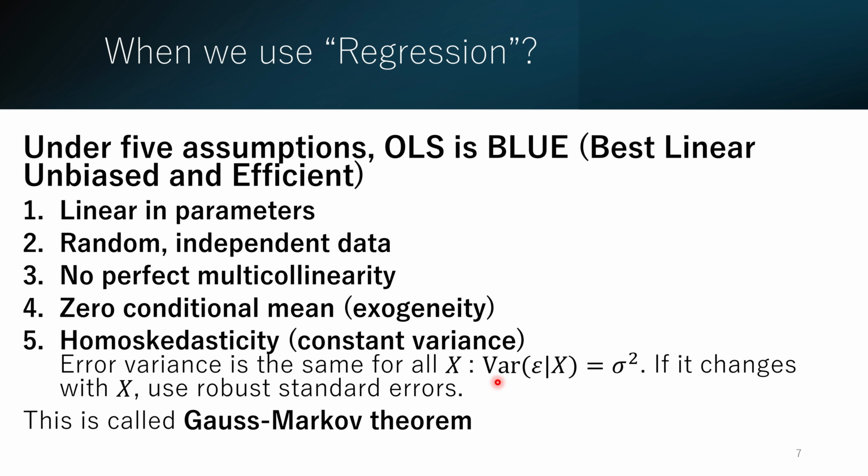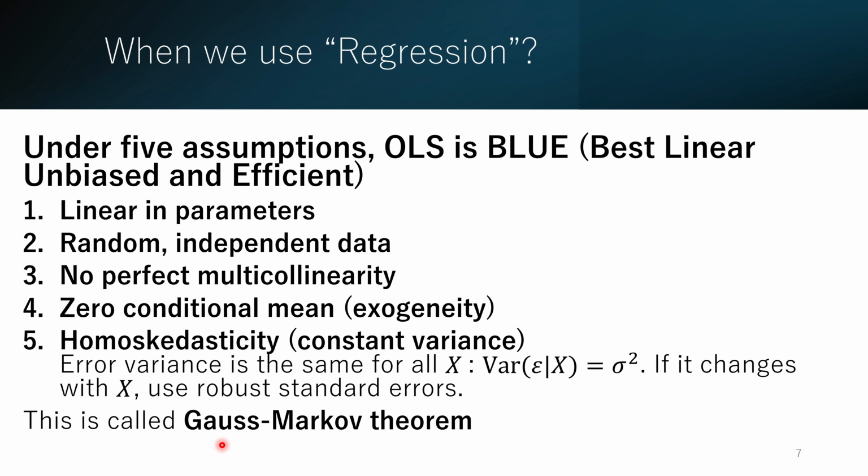We can write it like this: always the same standard error. With linearity, random sampling, no perfect multicollinearity, zero conditional mean, no endogeneity, and homoscedasticity or constant variance, then OLS is the best linear unbiased estimator.